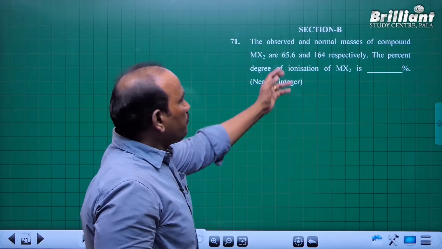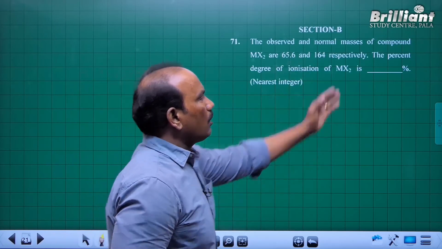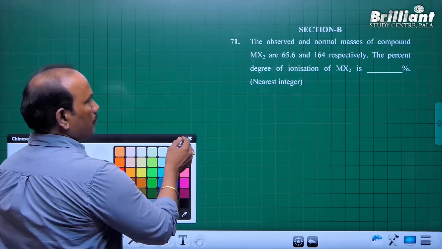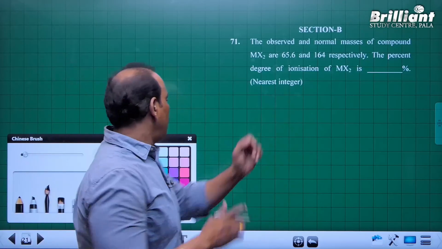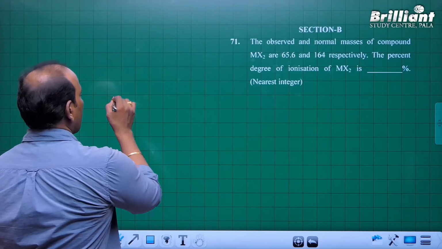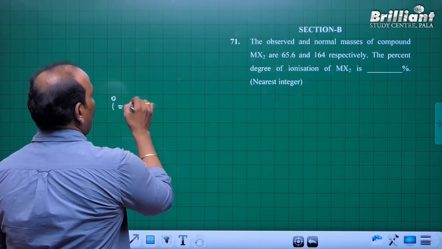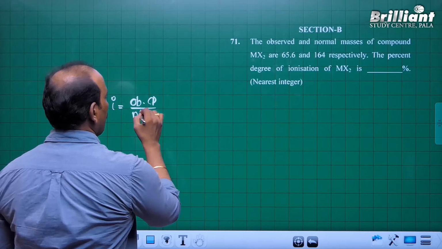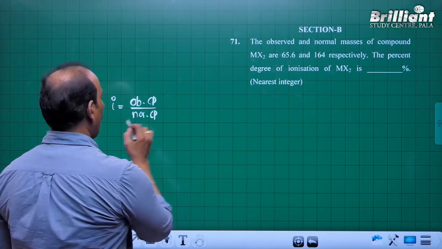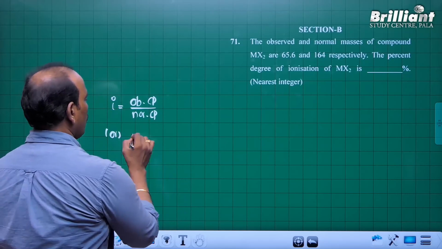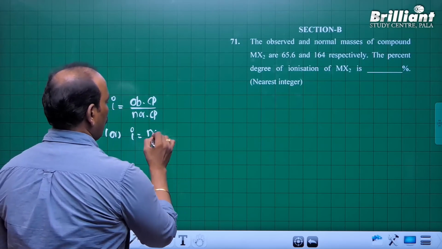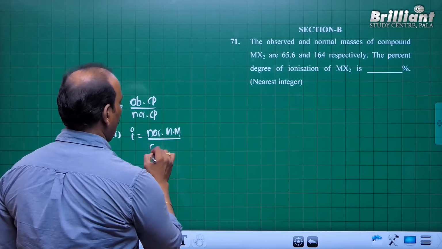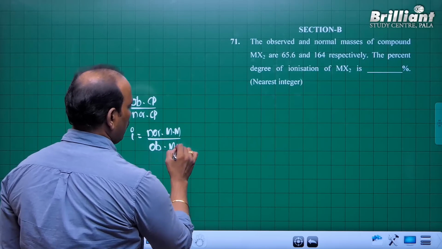Now, observed and normal. We know that the Van't Hoff factor i equals observed colligative property by normal colligative property, or i equals normal molecular mass by observed molecular mass.